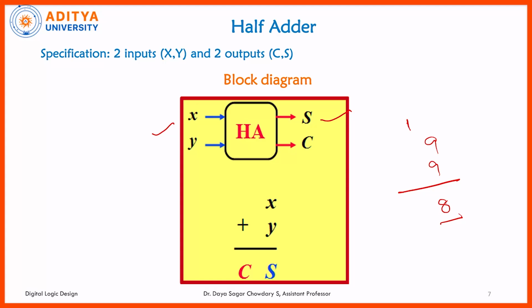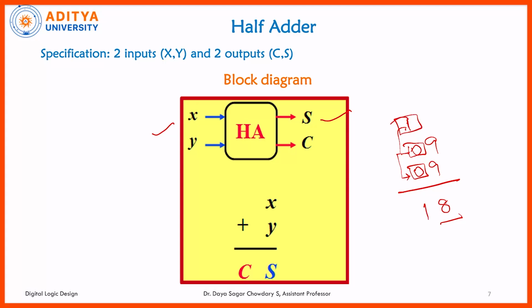That 1 we have to carry here. If the tens position of this 9 is 0, and also the tens position of the other 9 is 0, then we add this carry to this 0, and finally we get the output as 1. So this we call a carry.